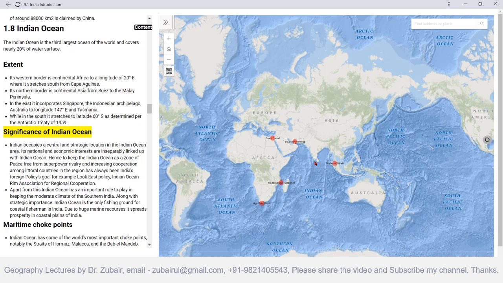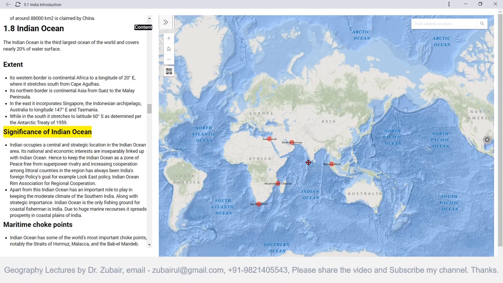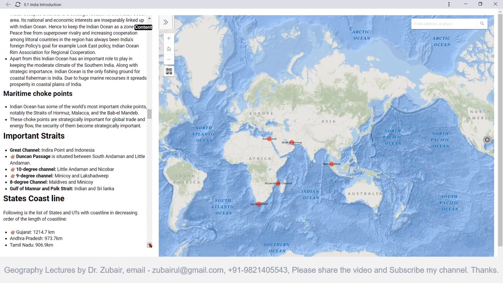So this is a very important ocean, not only from the viewpoint of international trade, but also of resources, and it plays a very important role for the climate also. So this is a very important ocean for India. The strategic locations of the Indian Ocean are frequently asked in questions.